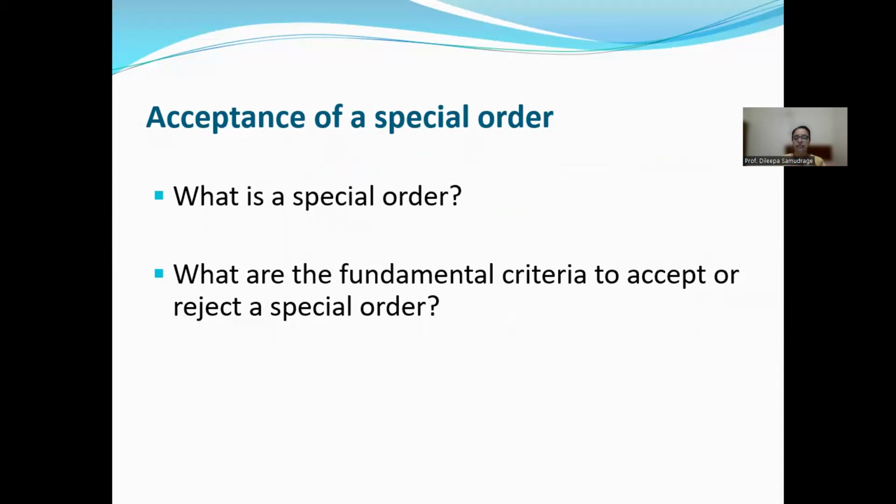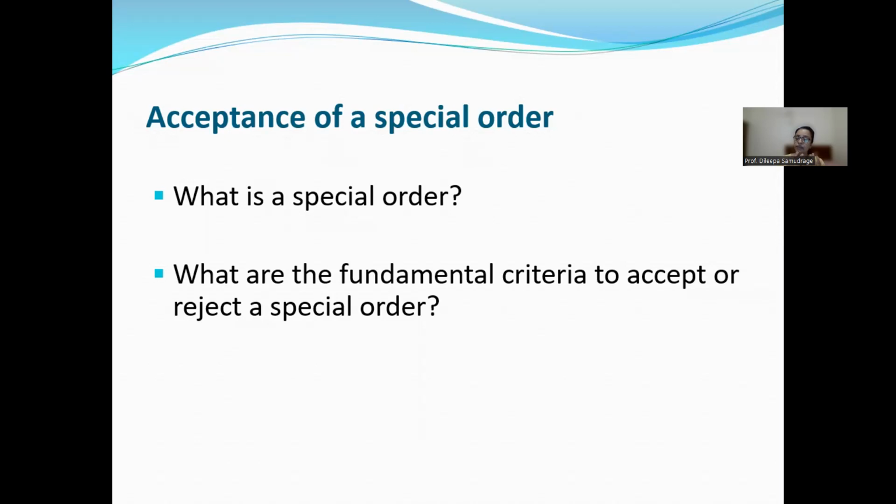But when you do your normal business, you will get a special order from outside. The special order is different from the normal production process or the normal production conditions.